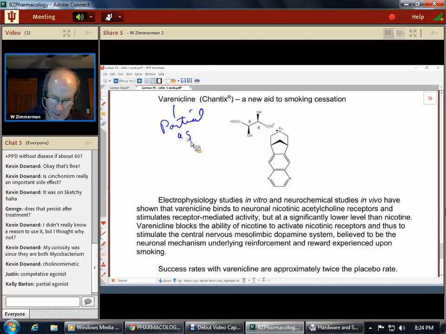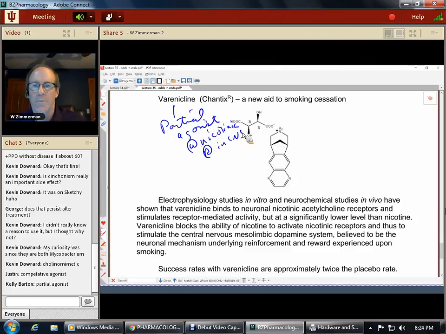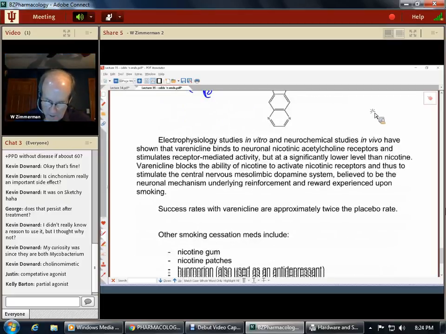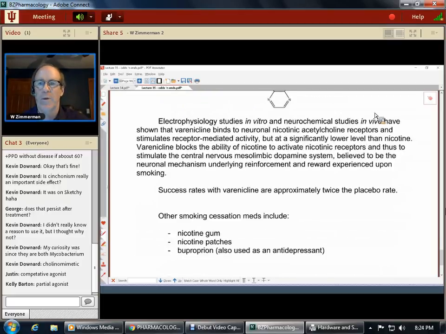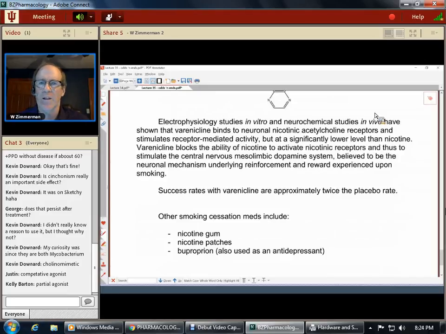It's a partial agonist at nicotinic receptors in the CNS. Yeah. So success rates with varenicline are about twice the placebo rate. It seems like a lot of these smoking-quit remedies that come out, they about double the placebo, and nobody seems to get above that.